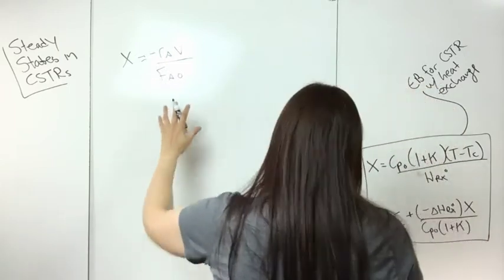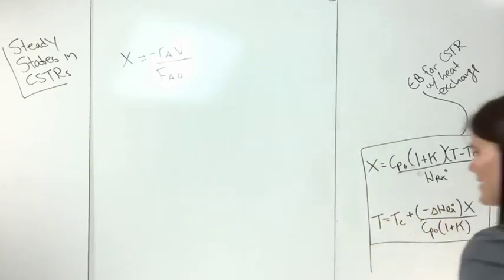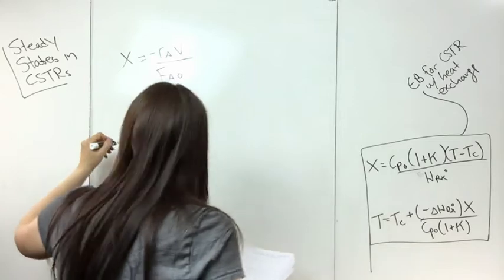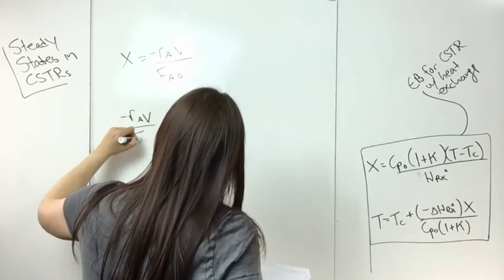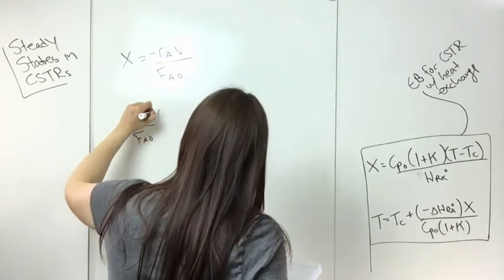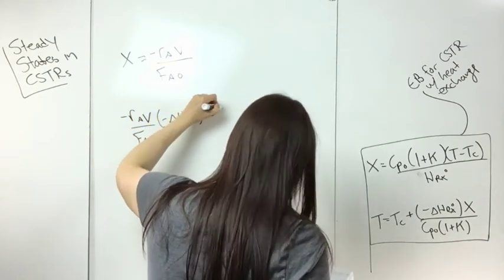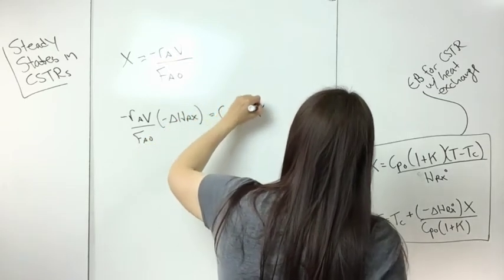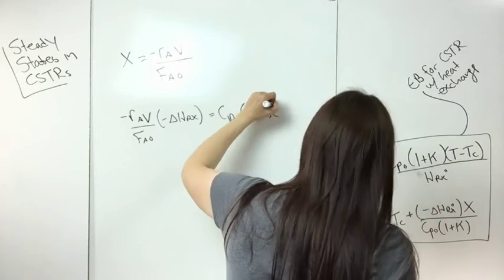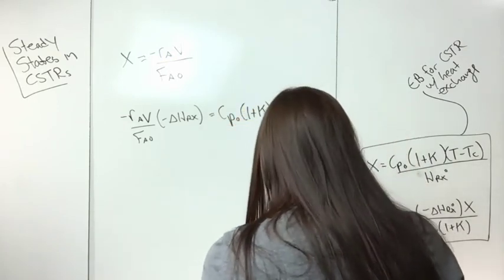So this is just the mole balance. We can plug this into this equation for X. If we do that, we get minus RA V over FA naught multiplied by the heat of reaction is equal to Cp naught 1 plus kappa multiplied by T minus Tc.